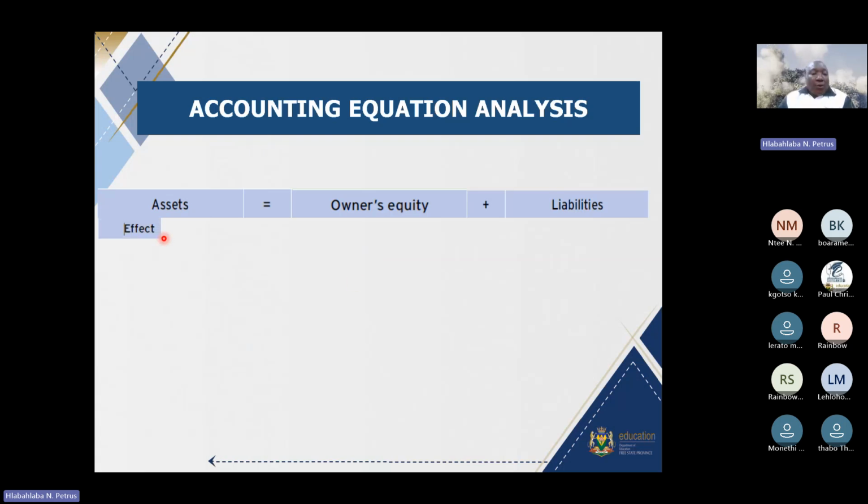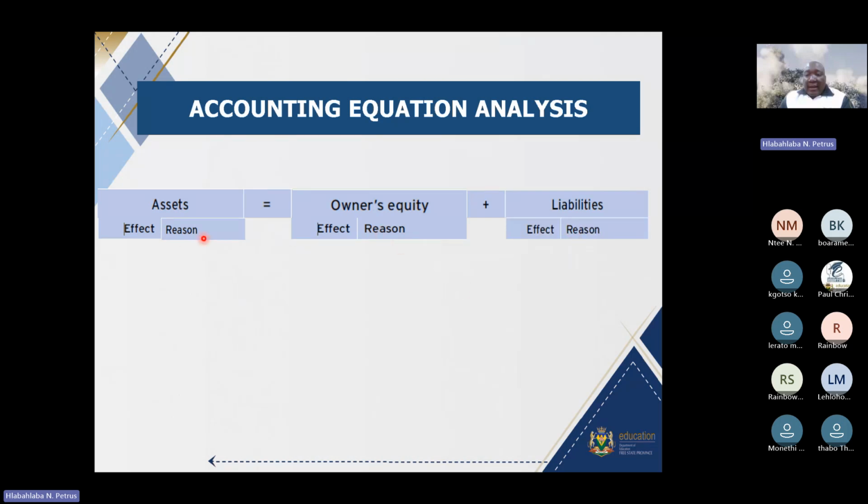And then we are going to do the effect. The effect refers to the amount of money that will be affected and the reason why we have that amount. Also under owner's equity, we are going to have the effect and reason, same as in the liabilities.